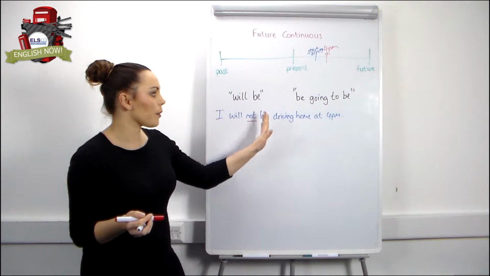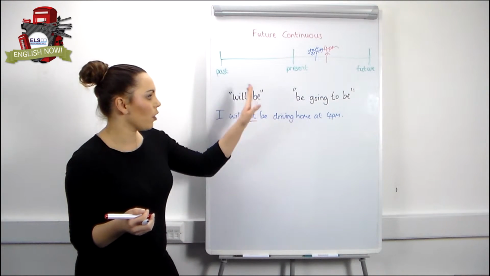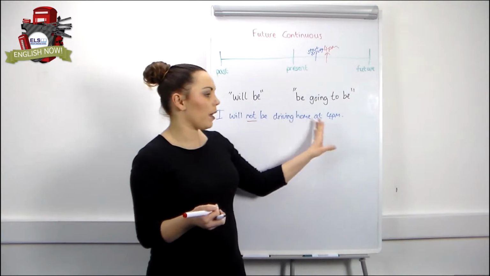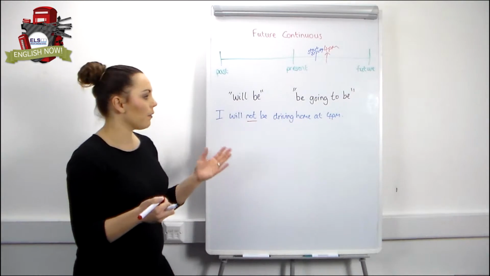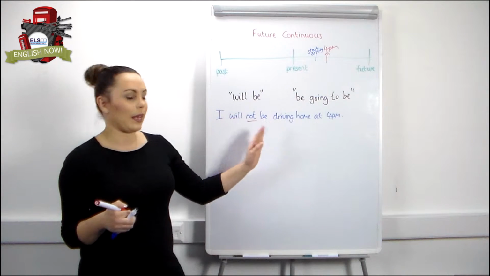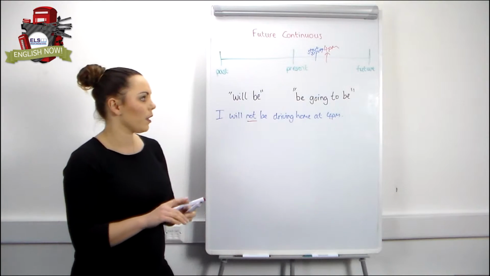I will not be driving home at 4 p.m. We can't say I will be not driving home at 4 p.m. or I not will be driving home at 4 p.m. We have to put the negative word not in between will and be.